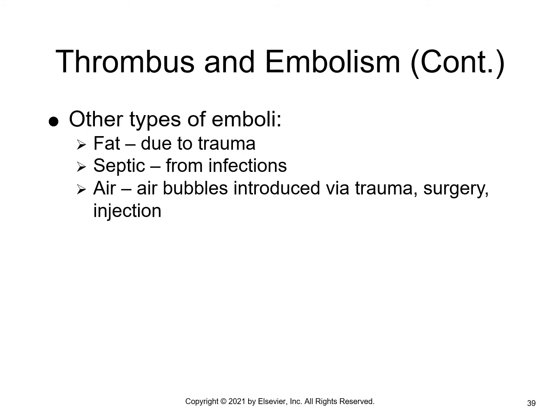Those are fat, which is just free-floating fat or lipids collecting in a vessel, occluding it. Or they could be septic, where you have so much bacteria in your system that it's actually those bacteria grouping up and causing an occlusion. It can also be air introduced into the vasculature.